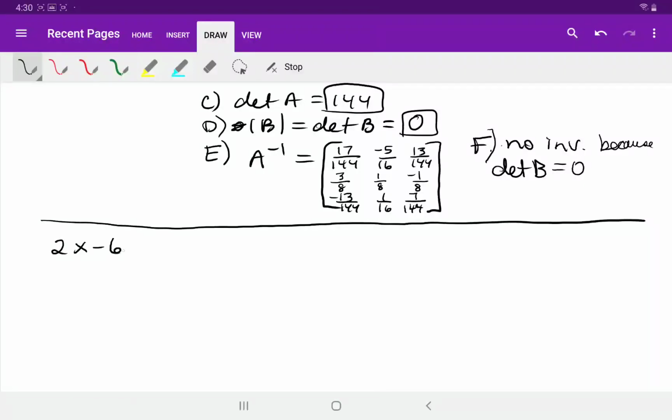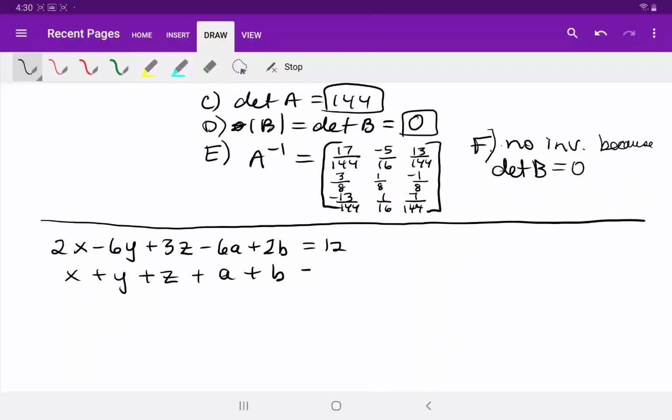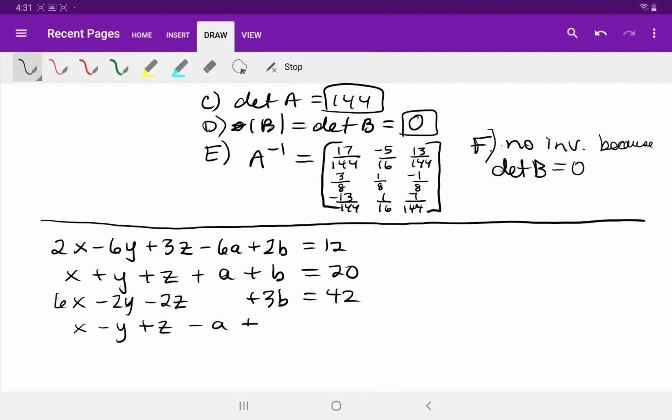So 2x minus 6y plus 3z minus 6a plus 2b equals 12. Let's do x plus y plus z plus a plus b equals 20. 6x minus 2y minus 2z plus 3b equals 42. x minus y plus z minus a plus b equals 100.